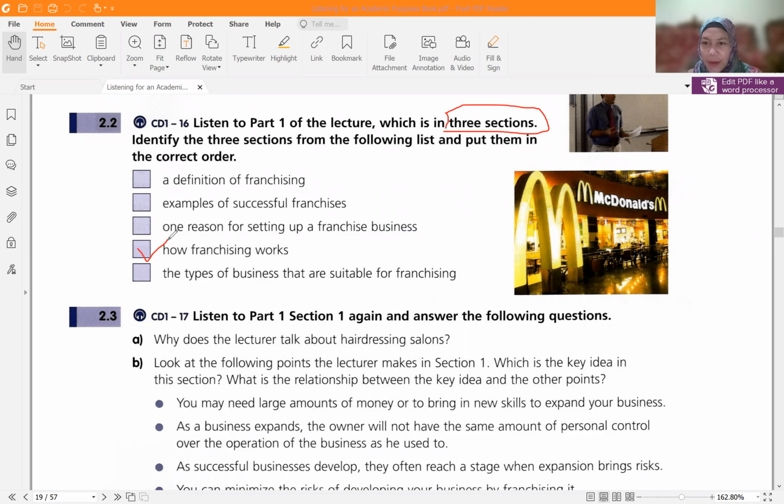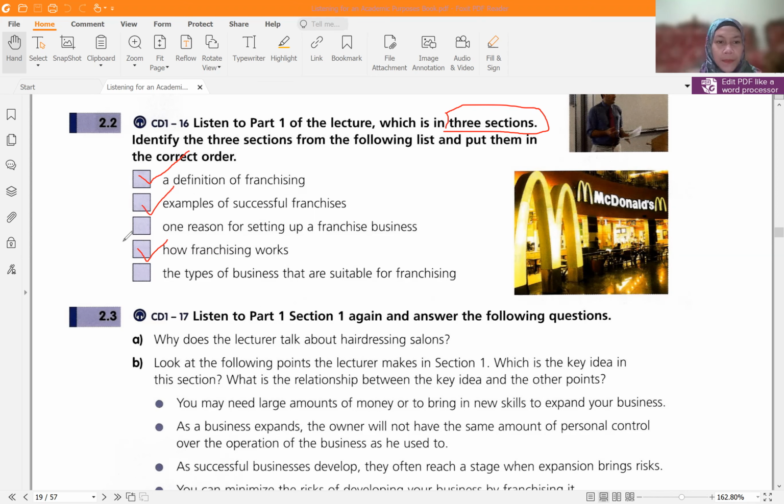What is the second one? What does he talk about in the second section? Yeah. It's a definition of franchising. And the last one, what is it? That is the example of successful franchising. Yeah.